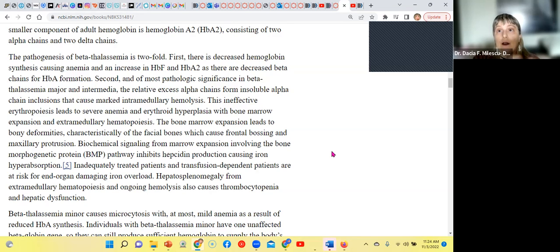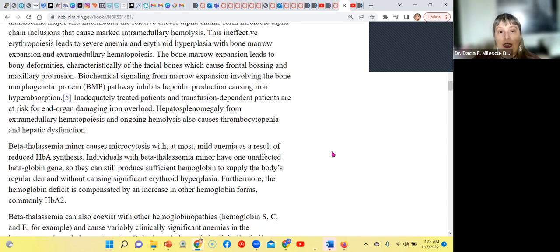So the ineffective erythropoiesis from the stem cells will lead to severe anemia, erythroid hyperplasia, too many red blood cell stem cells with bone marrow expansion, and that is going to lead to bone deformities, facial bone deformities, frontal bossing, all those kinds of deformities that can be seen in the bone.